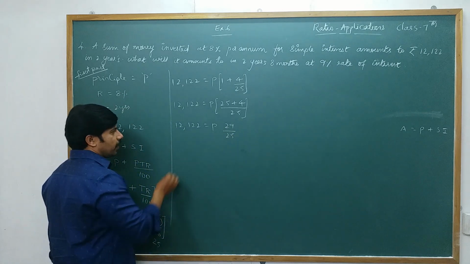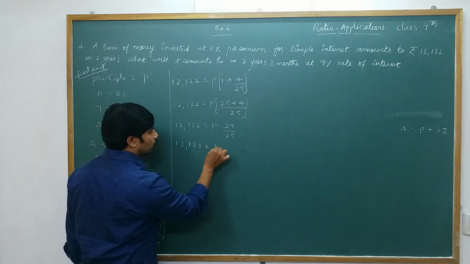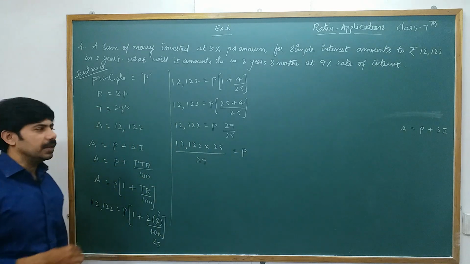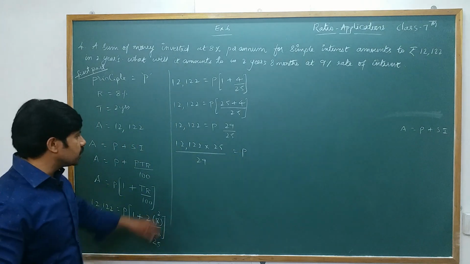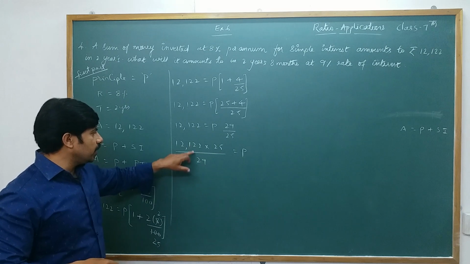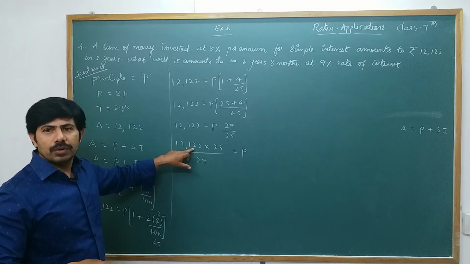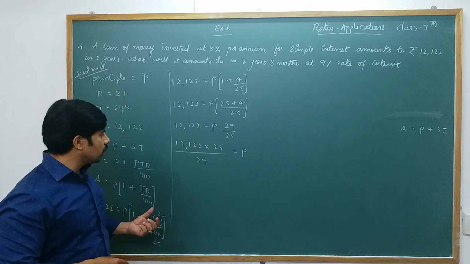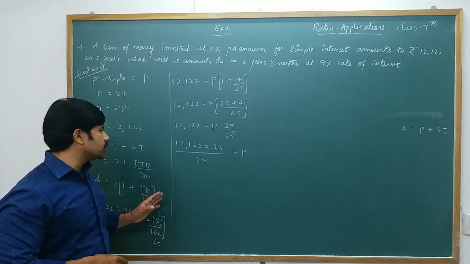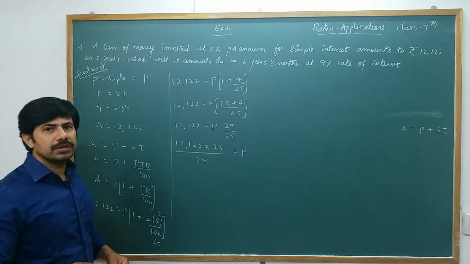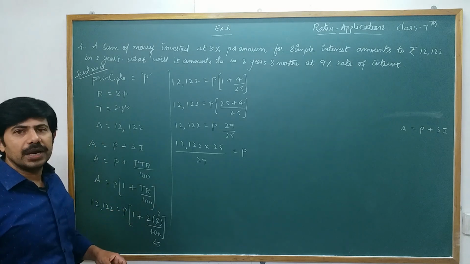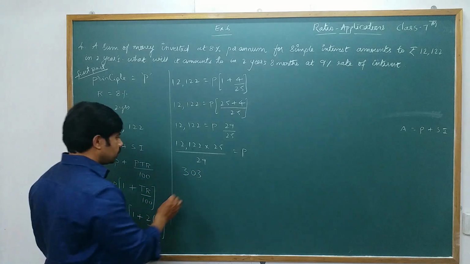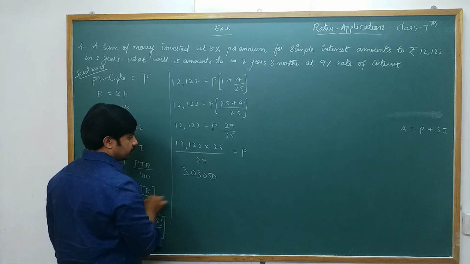So we will cross multiply and find out P. So 12,122 into 25 by 29 is equal to P. Maybe we can divide 12,122 by 29, or else 12,122 into 25, if we multiply, we get 303,050.